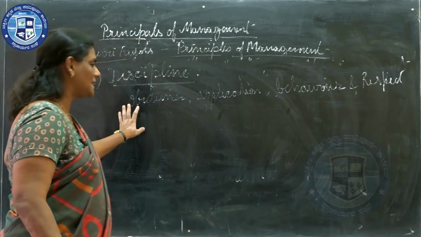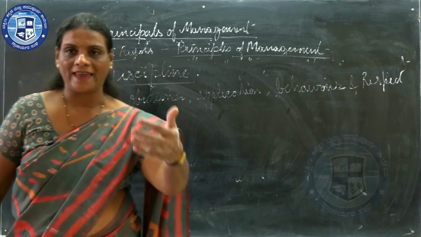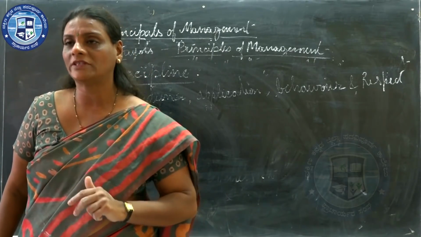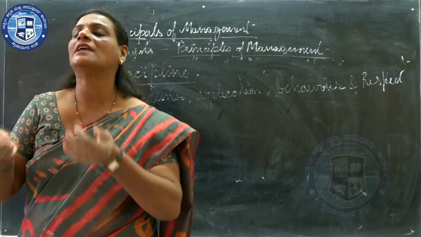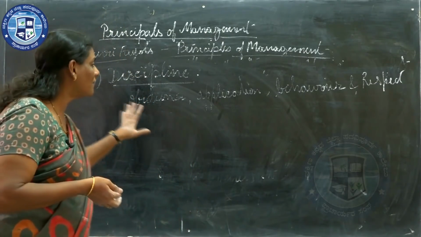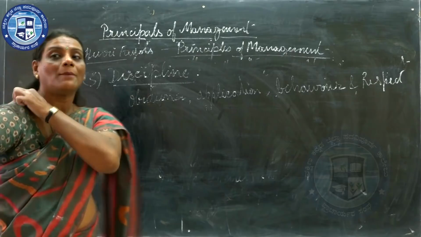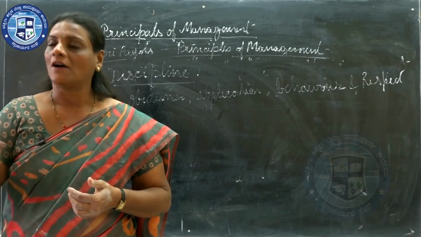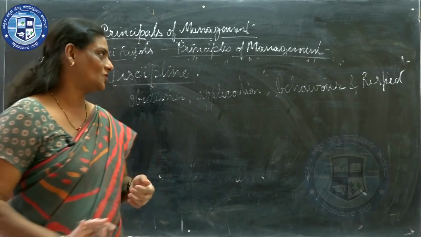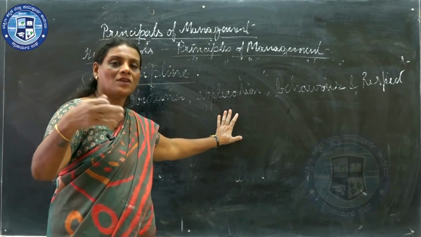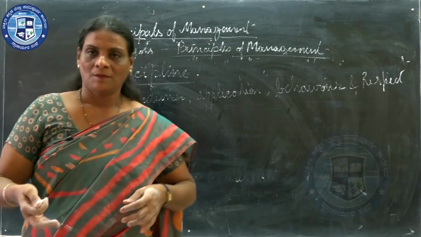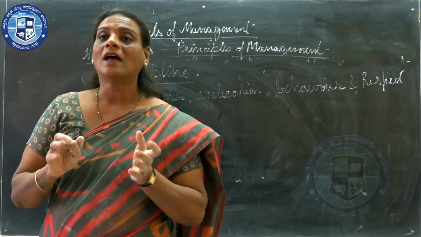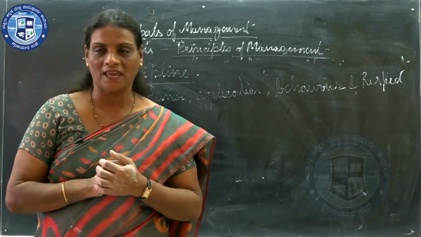So you have to always see that when your manager gives you an order to do this job, you should have the obligation of obeying that. Only when you obey can you apply it. You have agreed that you will be doing this job, and after you have agreed, you will do the job. And your behavior, whether manager, subordinate or worker, both have to know how they are supposed to behave.